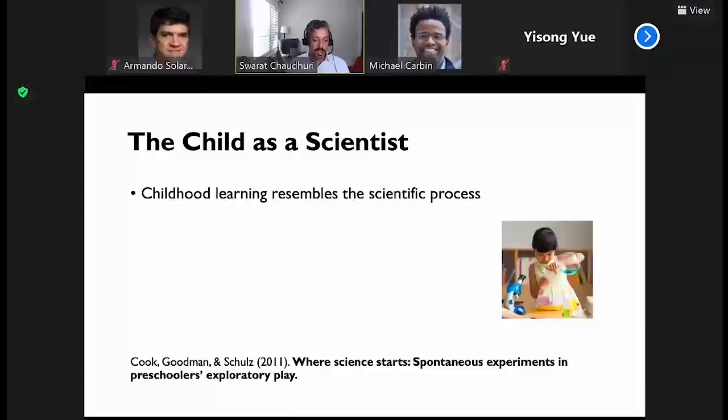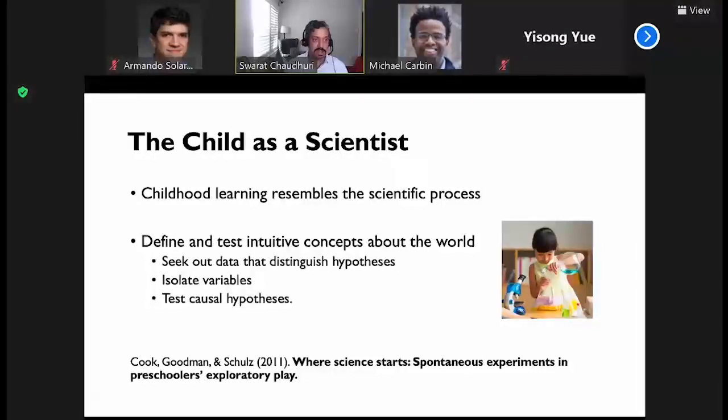Now, when one thinks about somebody who learns, the immediate thought is that of a child. And there is a longstanding hypothesis in cognitive science that the child is a scientist. When you are thinking about childhood learning, it's very much like the scientific process because children go and define intuitive concepts about the world and then go and test these concepts.